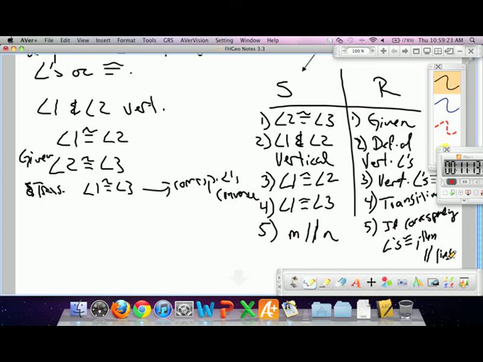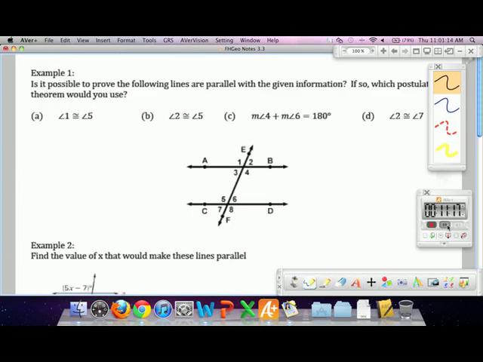On the flip side, the question says, is it possible to prove AB is parallel to CD with the given piece of information? And if you say yes, then why? If I tell you that 1 is congruent to 5, is that enough information to say that AB is parallel to CD?